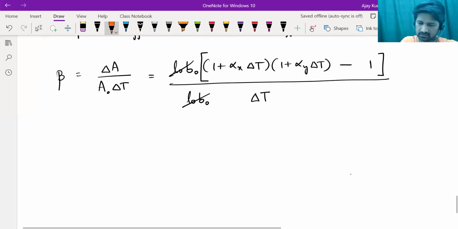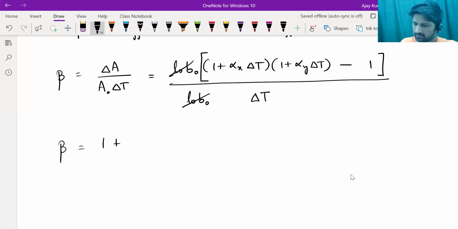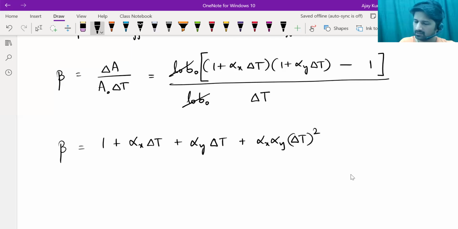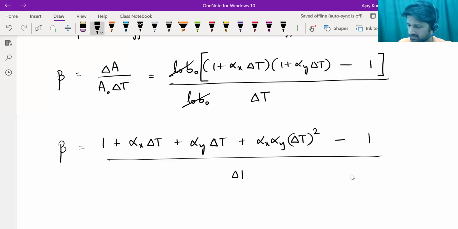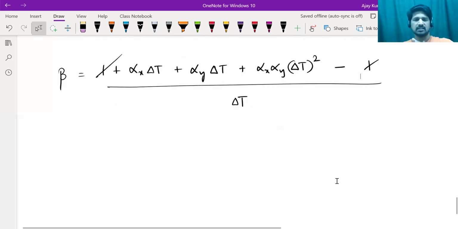Multiply those two brackets. You get beta is equal to 1 plus alpha x delta T plus alpha y delta T plus alpha x alpha y delta T squared, when you multiply those two brackets, and there's a minus 1 also. Whole thing is divided by temperature change delta T. So the ones will get cancelled now. Look at what you are left with: alpha x delta T plus alpha y delta T plus the third term.